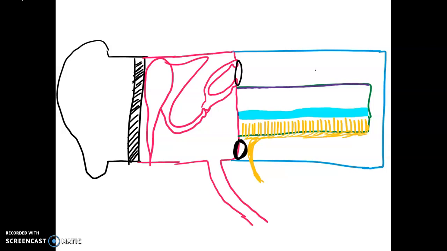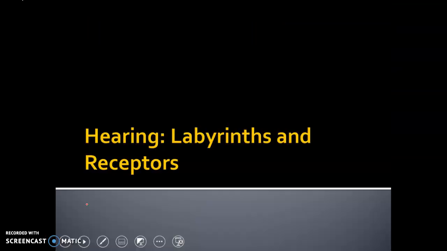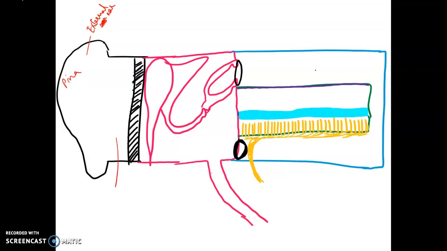We have the external ear, made up of pinna, and this part is called the external acoustic meatus. So these two parts make up the external ear.